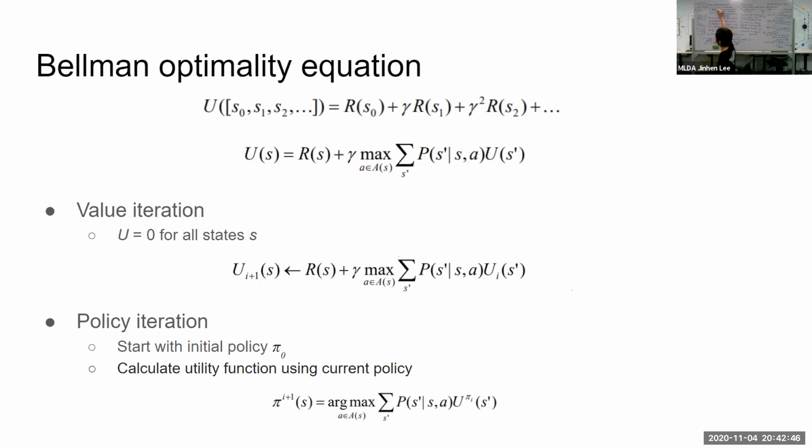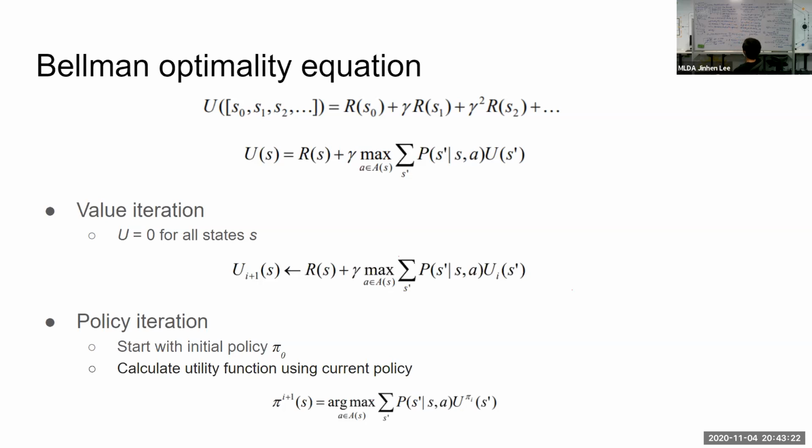If you go down, you have 0.8 probability of reaching this cell, and 0.1 of reaching this cell again, and 0.1 of reaching this. So 0.8 of this, plus 0.1 of going left and remaining in the same cell, 0.1 of going right.